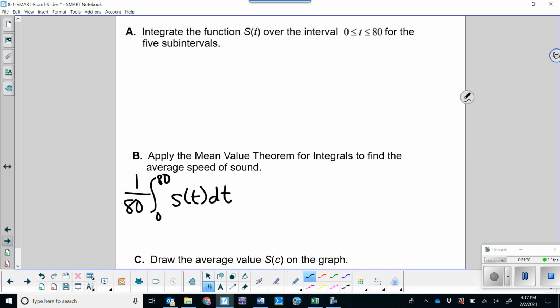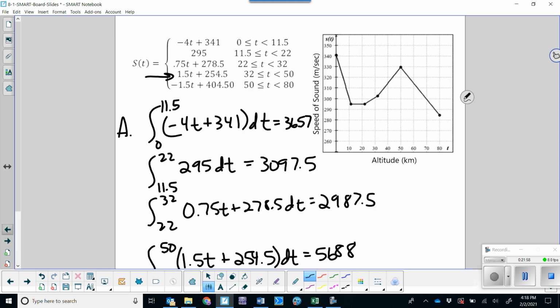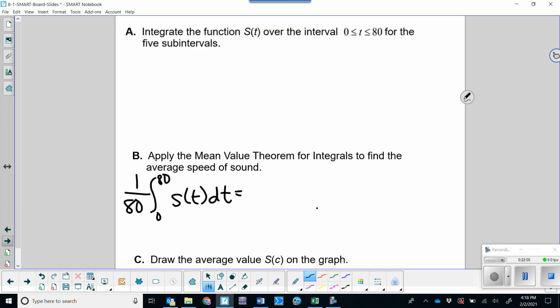Well, what that means is I would actually be doing the integral from 0 to 11.5 of that function dt plus the integral 11.5 to 22 of that function dt, etc., until I added them all up. Then I divide the entire answer by 80. That's what's really important. You don't find the average value of each individual integral, and then when you're done, add them all up. You find the entire integral and then divide by 80.